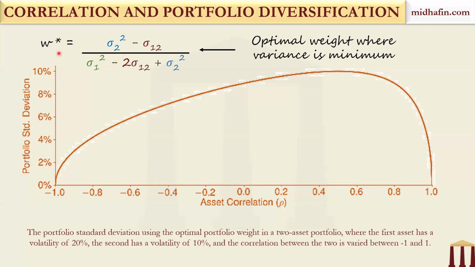So W star, the optimal weight, is the weight where variance is minimum. And this is the formula you need to remember. You don't need to derive it. Now, the whole idea is, see, what is happening? If the correlation is decreasing, the standard deviation is also decreasing.